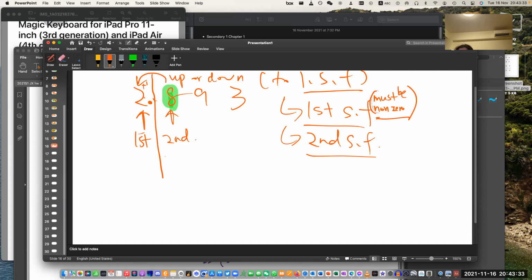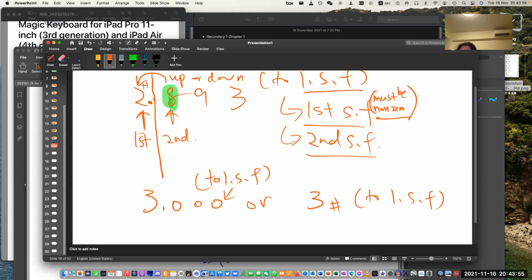That means you add 1 to the first significant figure, so you end up with 3. Now the question is, do you write 3.000 or do you write 3? What do you think? To one significant figure, which one is correct?